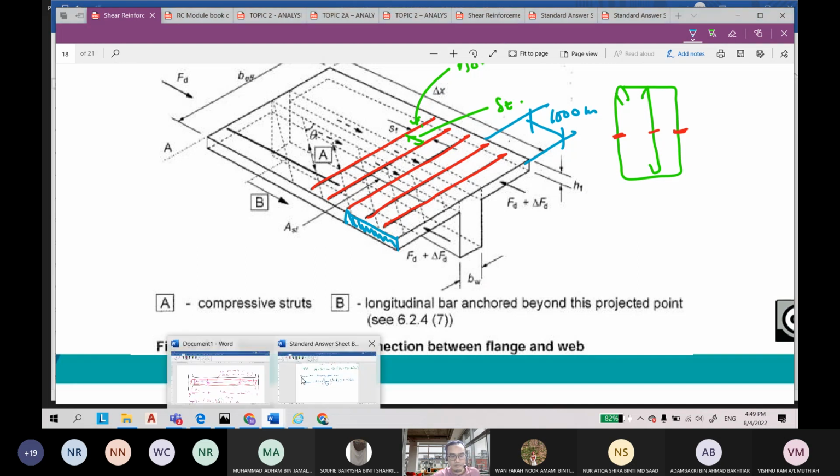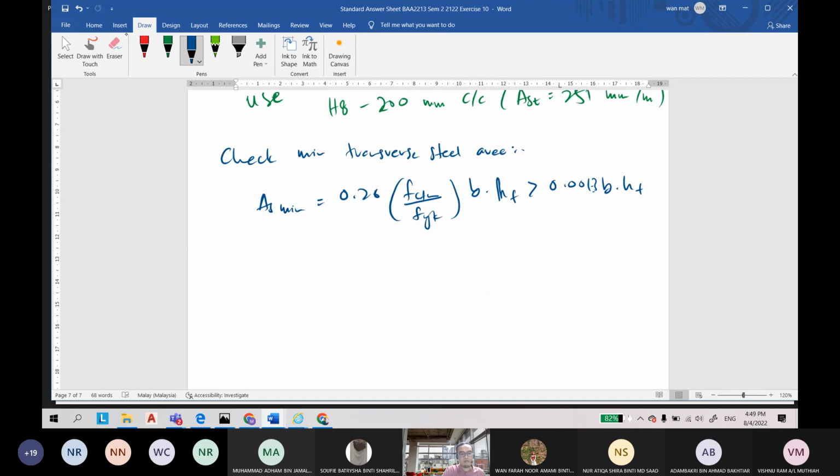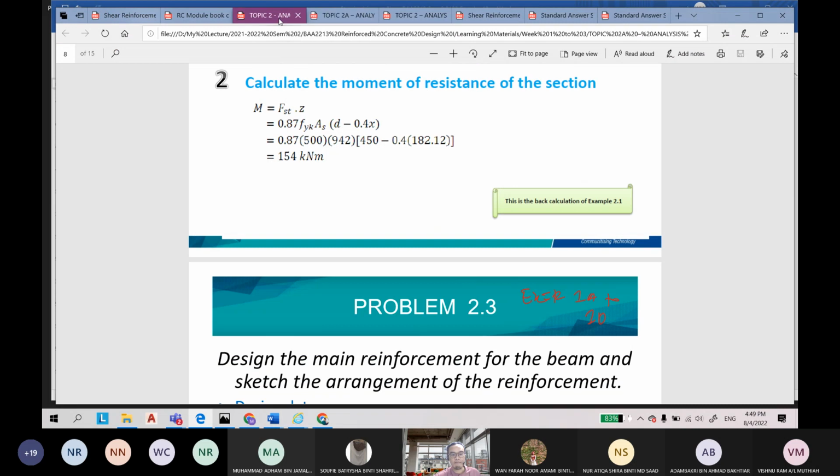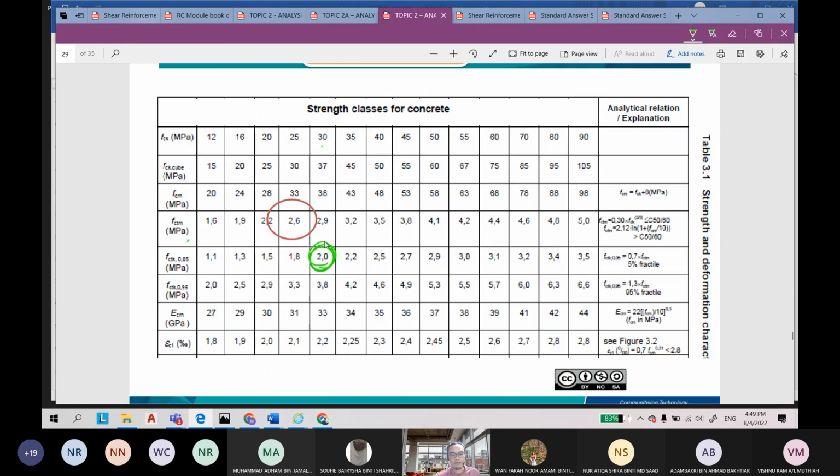So equal to 0.26 times FCTM. For concrete grade 30, we can refer to this table: the FCTM is equal to 2.9.